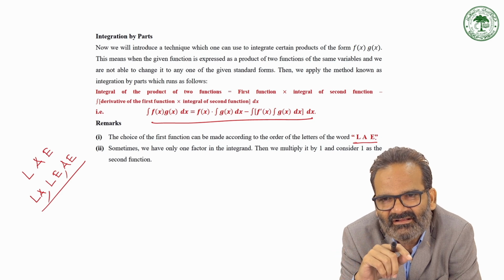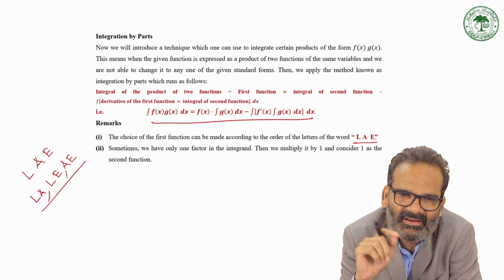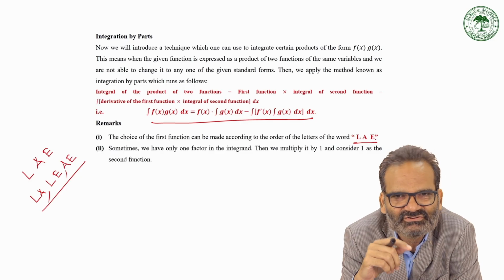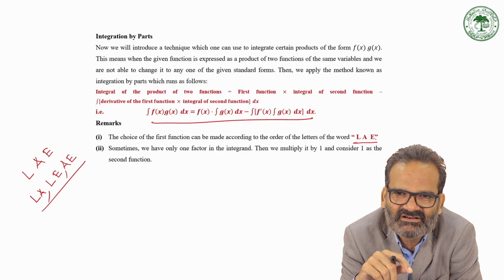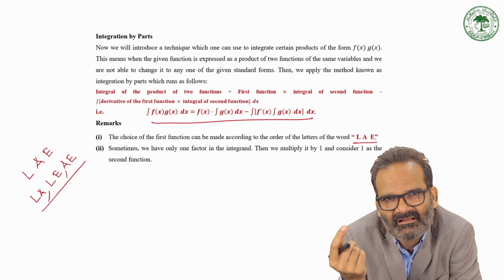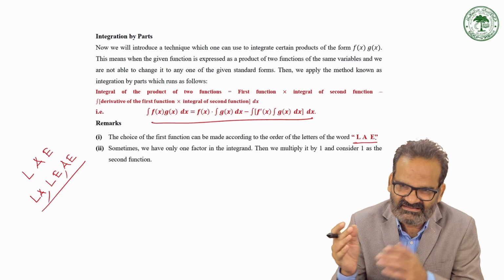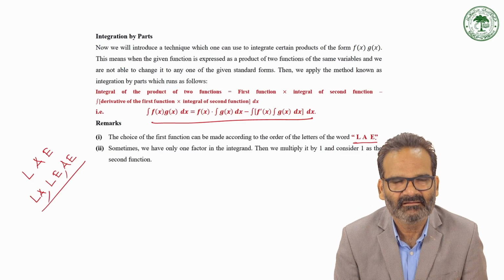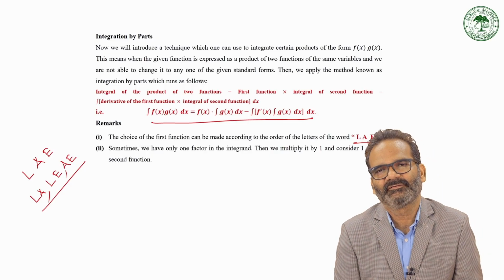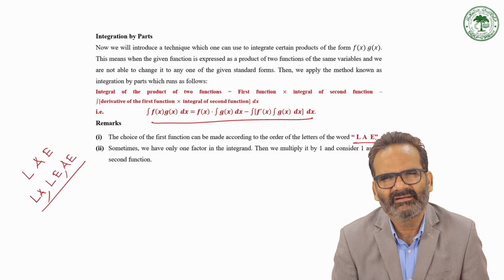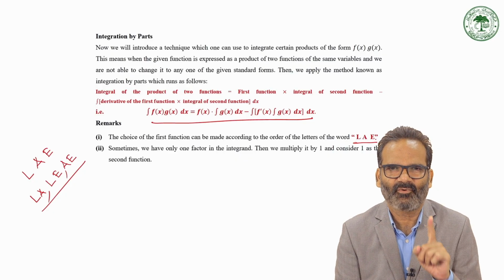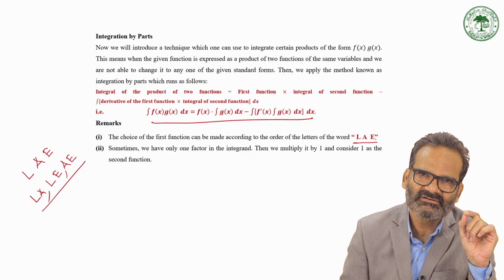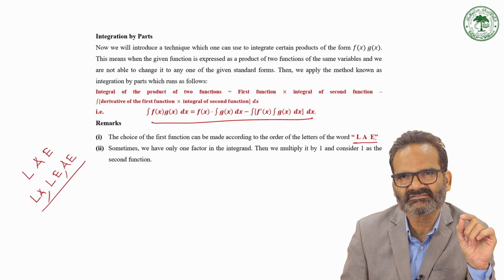And what is the position of A, algebraic? If the algebraic function is with logarithmic, it should be taken as second, and if the algebraic function is with exponential, it should be taken as first. So what is the crux of this convention? Whenever two functions are multiplied, if a function is logarithmic, it should always be taken as first.